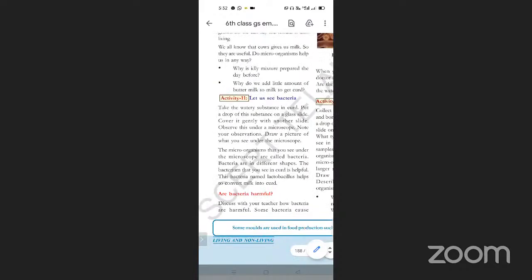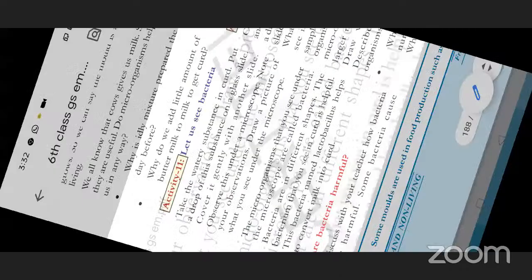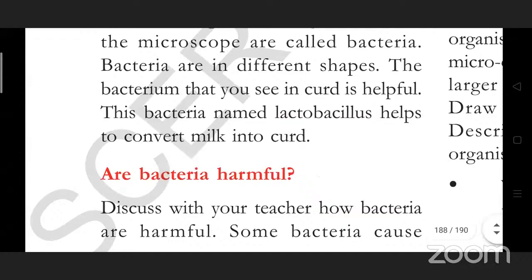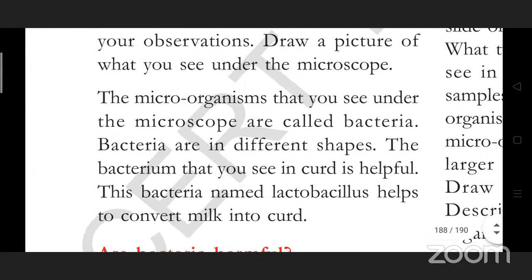Useful bacteria are there and unuseful bacteria are also there. What we can see under the microscope are said to be bacteria, and bacteria come in different shapes. The bacteria that convert warm milk into curd are useful bacteria.